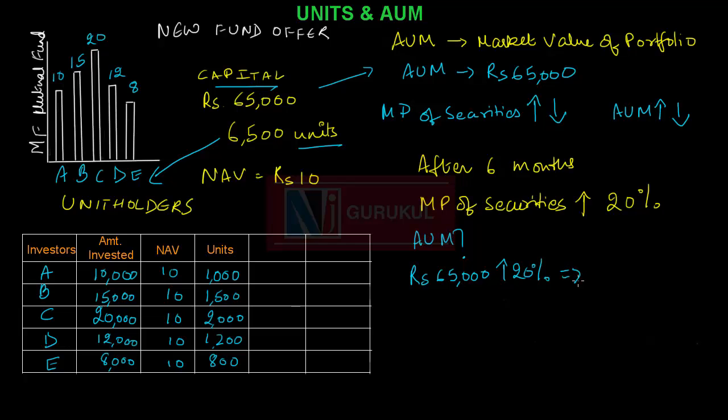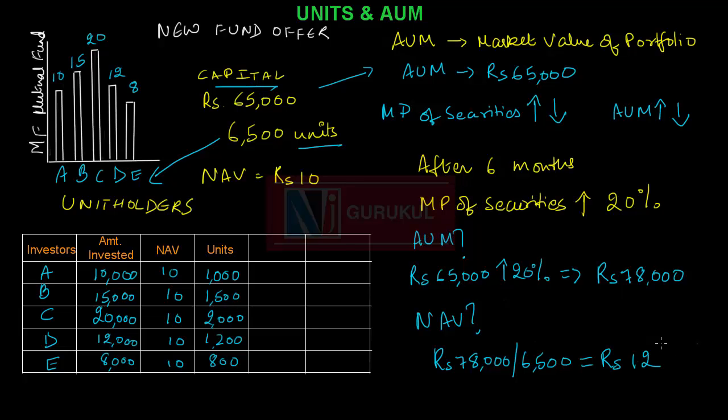So the new AUM is equal to rupees 78,000. And what will happen to NAV? NAV can be calculated as the new AUM rupees 78,000 divided by the units 6,500. So the new NAV is equal to rupees 12.